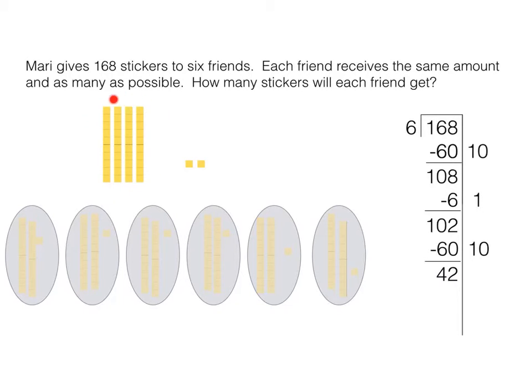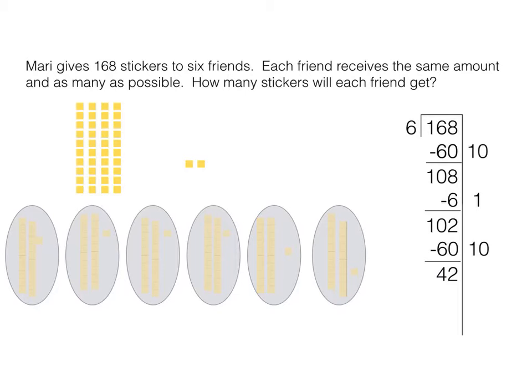Once again, the child may need prompting, although most children, if they've used base 10 blocks, are used to doing all kinds of exchanges. And they would take these 5 rods and break them down into smaller singles. So we've got 40 individual singles and then plus these 2 singles.